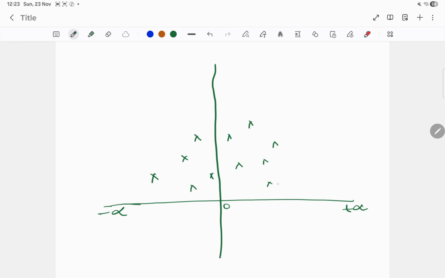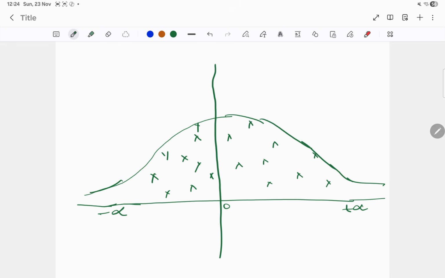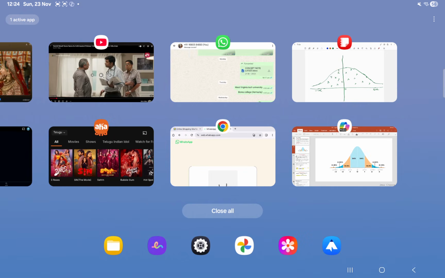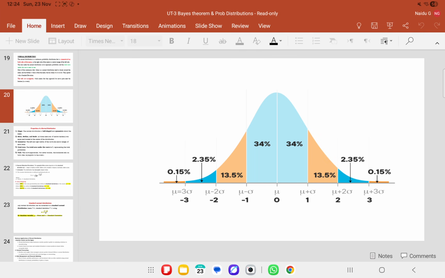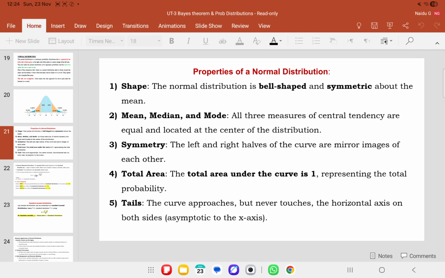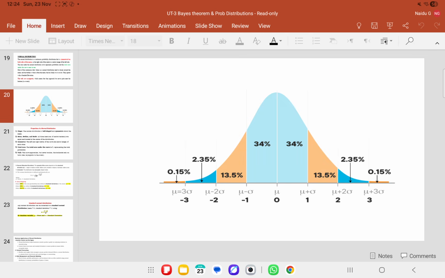After plotting your data, if you draw a line along the upper boundary of all these dots, then surely your graph represents a bell-shaped curve like this. Clear? So this curve has a set of properties, where the first property is that it's a bell-shaped curve. If you observe this curve, it is almost looking like a bell shape.